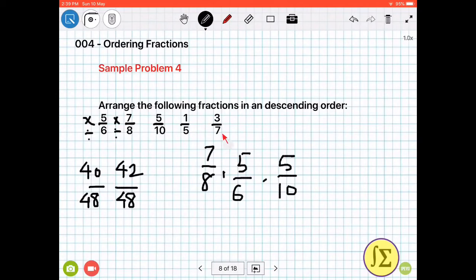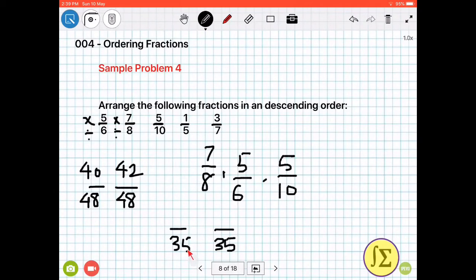Okay, we're going to compare these two fractions in the similar way. Okay, so the denominator again for the equivalent fractions will be 5 times 7, right? So it's, let me write it here, 35 and 35.